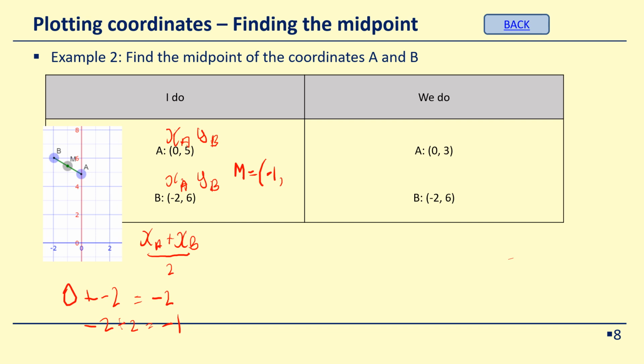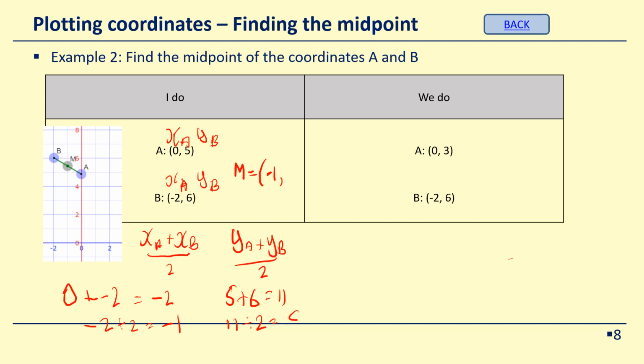Half of minus 2 is minus 1. Now for the y. So ya plus yb over 2. If that looks too complicated for you, just remember first one plus second one divided by 2. So 5 plus 6 is 11.